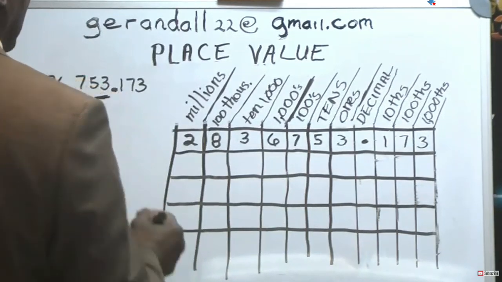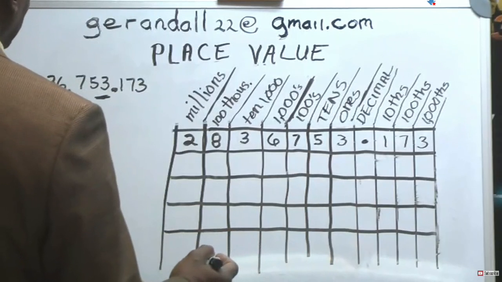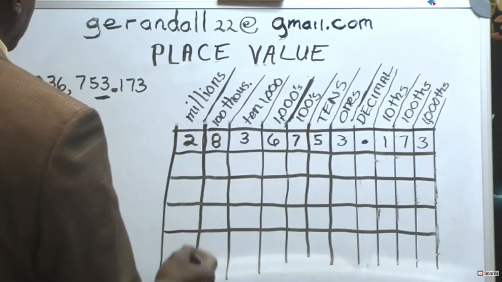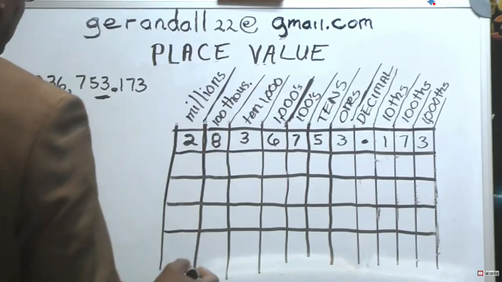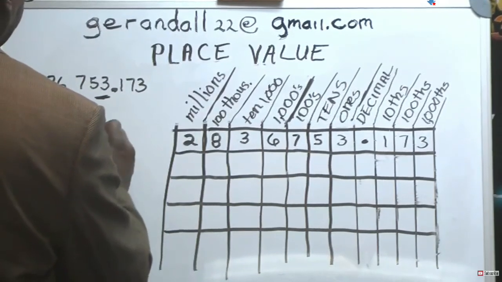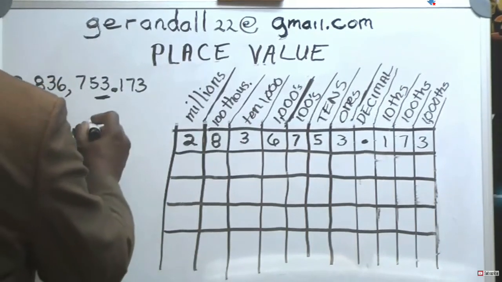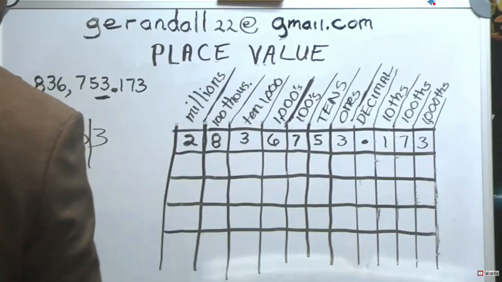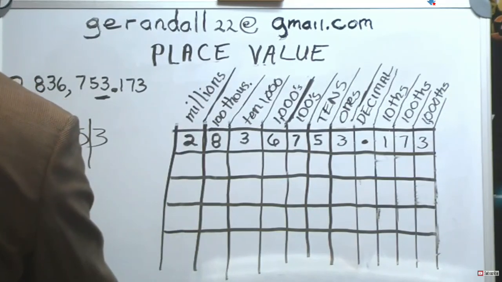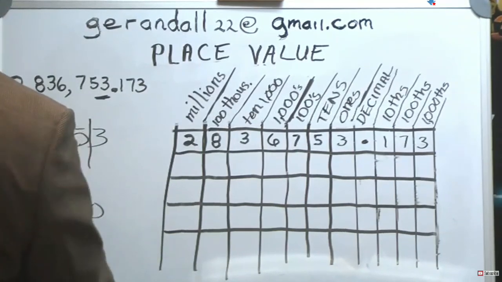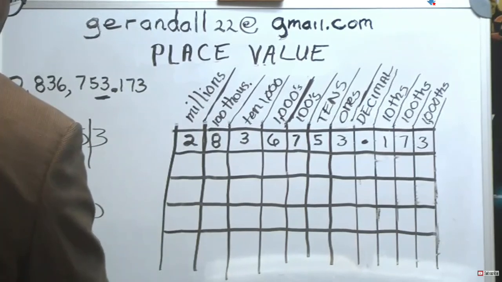And oftentimes, your teacher may ask you to do what's called expanded form. So you look at a number something like this. Let's just take this portion, 753. You would have 3 ones, 5 tens, 7 hundreds.